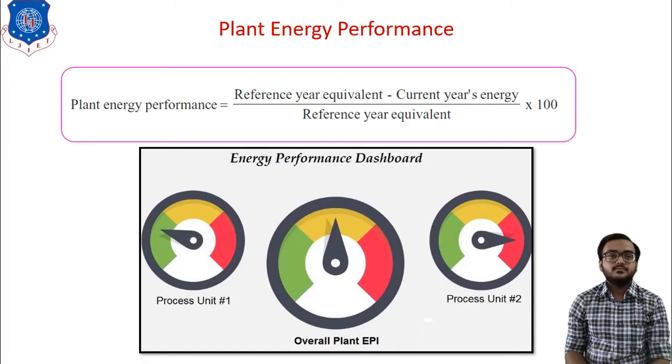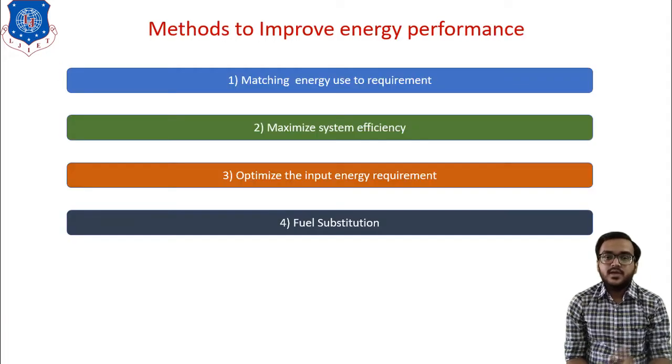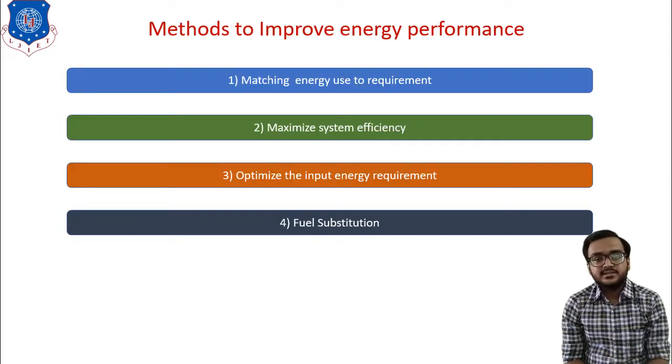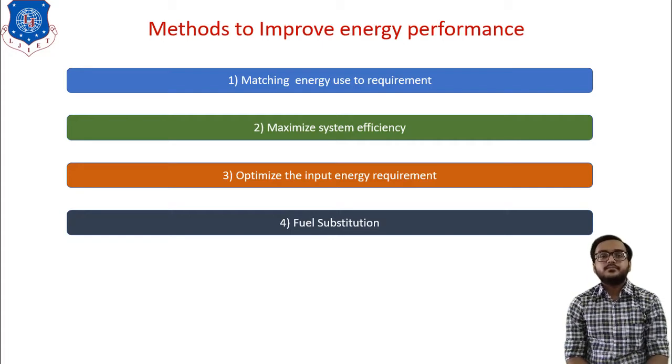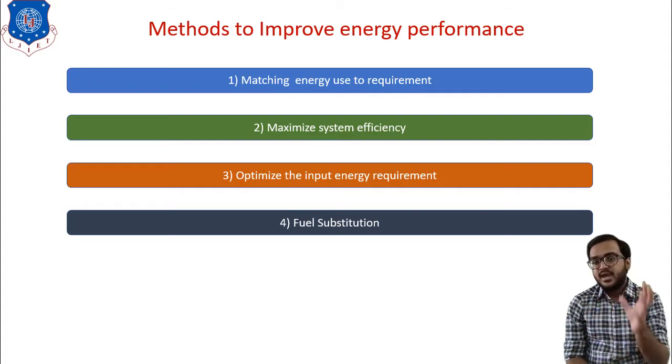Clear? Then after that we have methods of improving the energy performance so that we are able to create an energy efficient organization. First one is matching the energy use to requirement. In this topic particularly, we need to match our requirement with the energy resources.